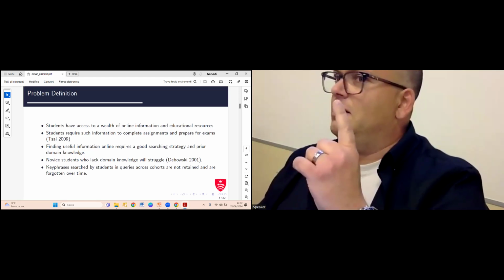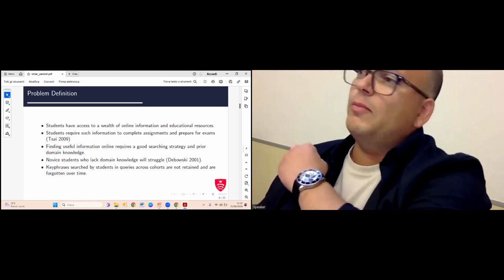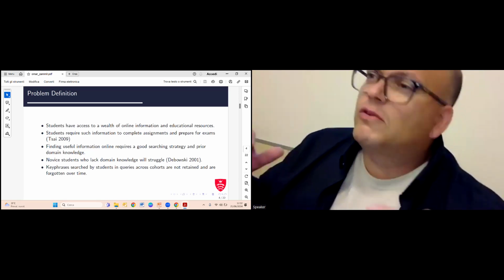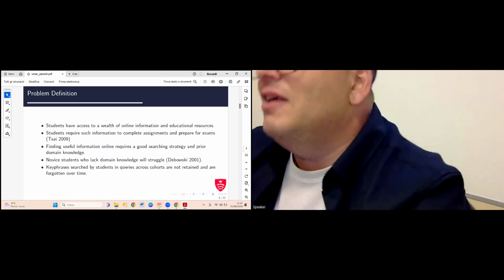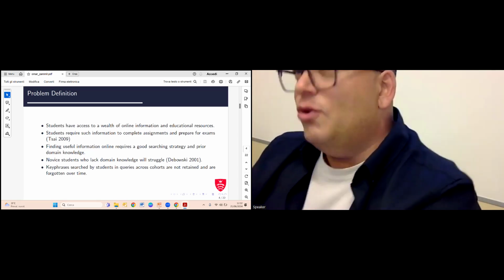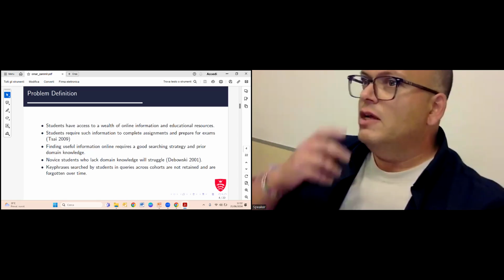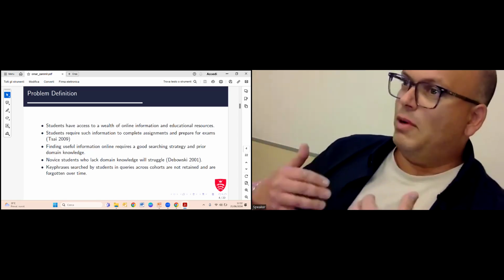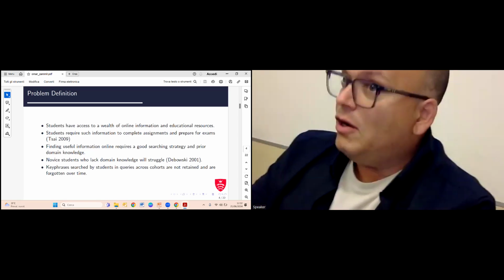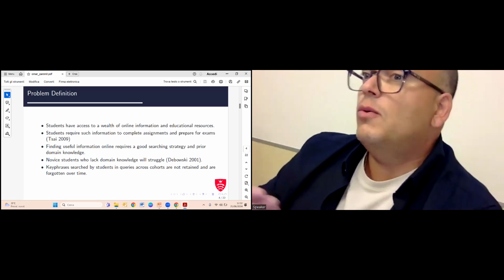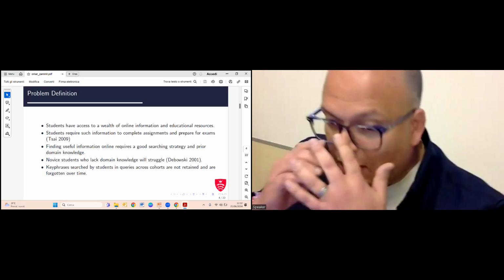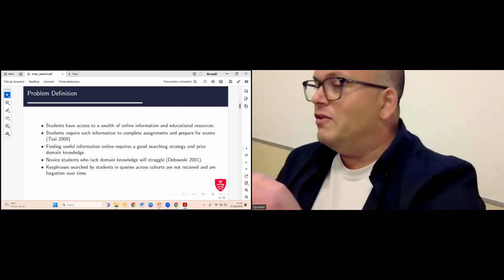That means that if you know nothing about the domain, you will find it a bit challenging to ask a question about the domain in order to retrieve information. So the more you know about the domain, the more relevant the answers that you receive from a search engine will be. That is very important.